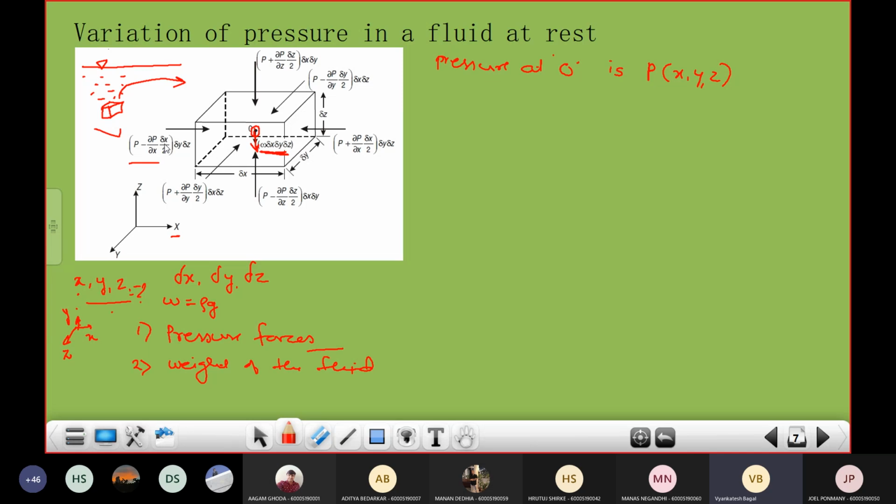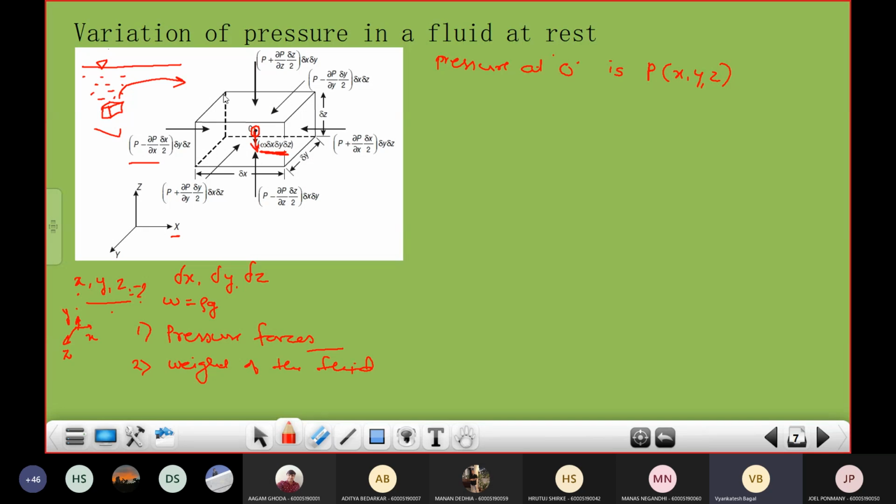So that type of Taylor series expansion you write, right? Correct? Yes. So the variation in pressure P along x direction is written using Taylor series expansion and neglecting higher order terms. I repeat, this variation is written using Taylor series expansion and neglecting higher order terms.